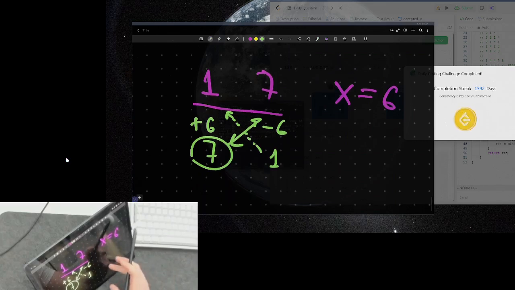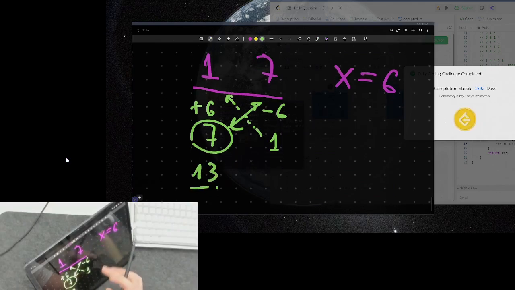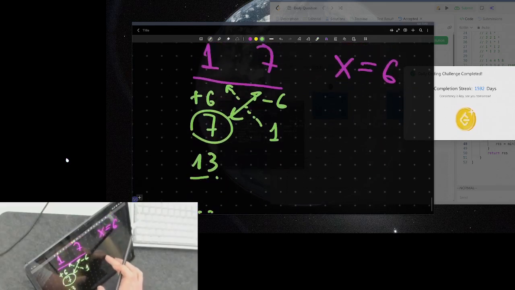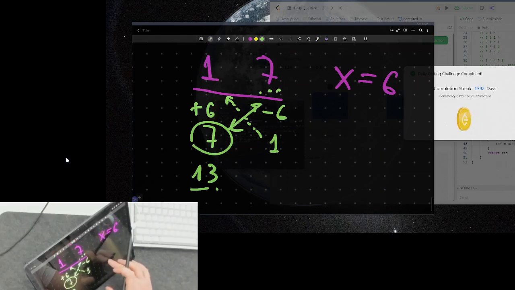Imagine we have not 7 but a bigger number, like 13. We can't just say in one operation that it matches some number. How can we check that these numbers are matching?